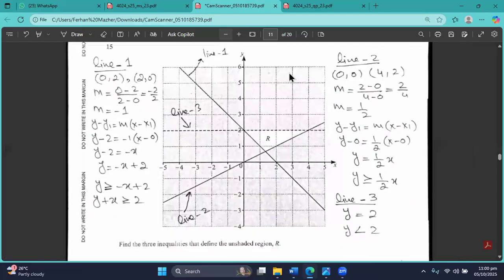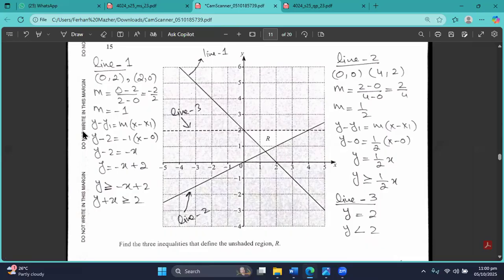So first of all, okay, let me call this line line 1. So I take 2 points on this line. One is 0, 2. The other point is 2, 0. This point and this point I have taken. Okay. Then I will find the gradient of this line, which will be minus 1. Then I will find the equation of this line, which will be y minus y1 equals to m bracket x minus x1.